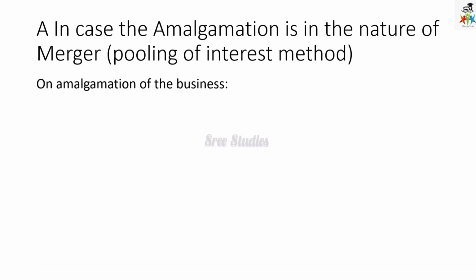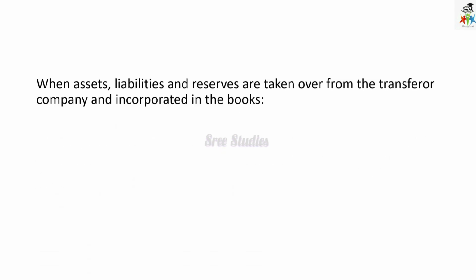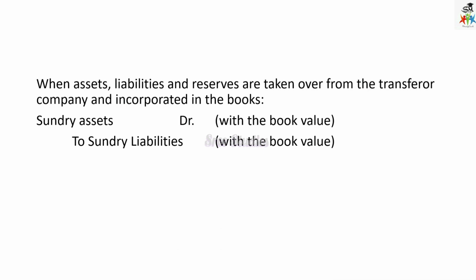On amalgamation of the business, business purchases account debtor, the amount of consideration to the liquidator of transferor company. When the assets and liabilities as well as reserves are taken over from the transferor company and incorporated, that is merged with that company, then the journal entries are sundry assets account debtor with the book value, and to sundry liabilities.